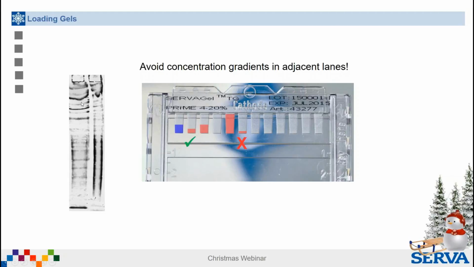The salt-overloaded sample will try to expand to have more space for the separation, and the lane on the other side, for example this one, will have to move somewhere. In the worst case it will get very thin, and the two beside very thick. This is not very nice to see, so please avoid this and you will never have this kind of appearance again.